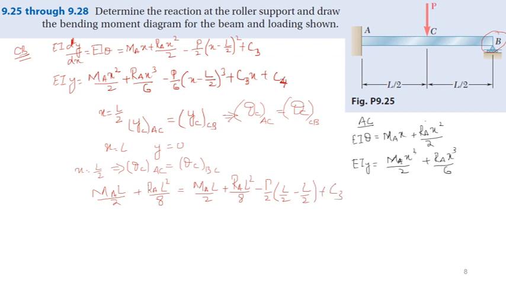This term becomes 0. MA L by 2 cancels with MA L by 2, and RA L squared by 8 cancels with RA L squared by 8. So this leads us to C3 equals 0. Now this equation is further simplified.